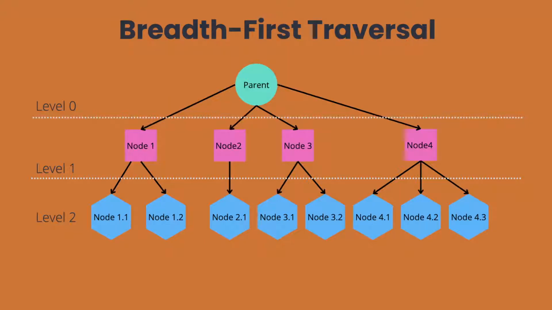Instead, we will find all the links at the level 2 for node 1 or node 2, node 3, and node 4. And that's how we're gonna keep track of all the links that we are finding and keep building our sitemap. So that is briefly about the algorithm we're going to use.